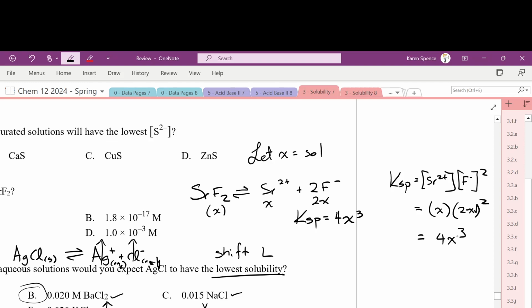Okay, and now we need to go look up our Ksp from the data booklet.